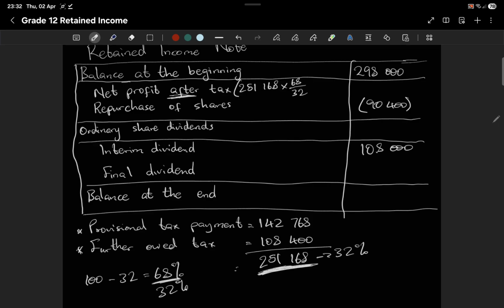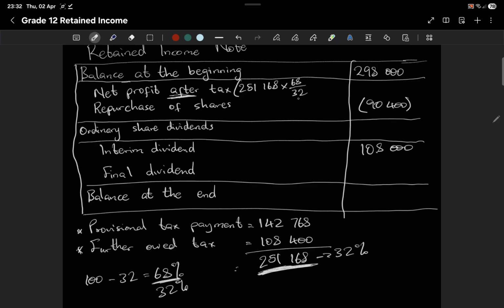Why are we writing it this way? We are writing it this way because, as you know, this is a fraction, right? And in the fraction, the upper amount is the numerator and the bottom one is the denominator. In accounting, whenever we have a missing figure and an available figure, and the figures concern percentages, you write the one that we have at the bottom, which is the denominator.